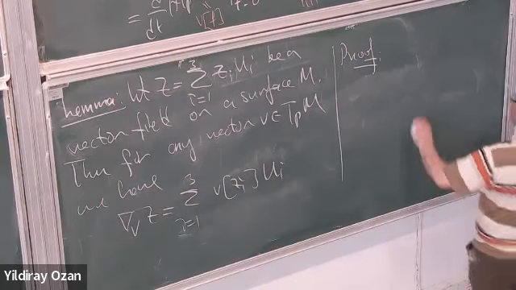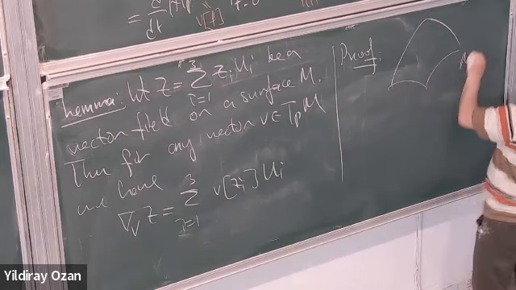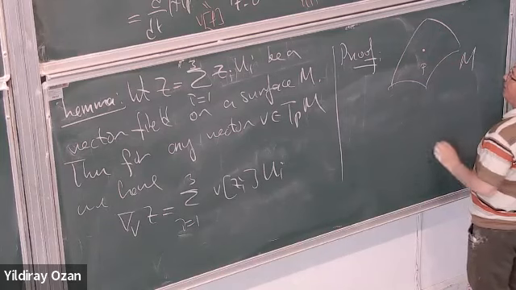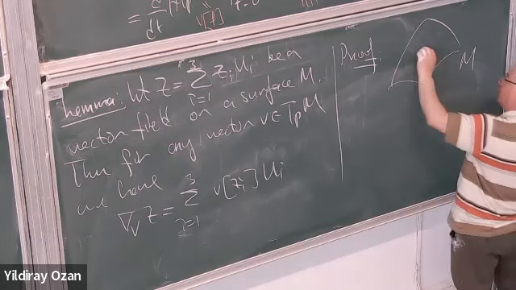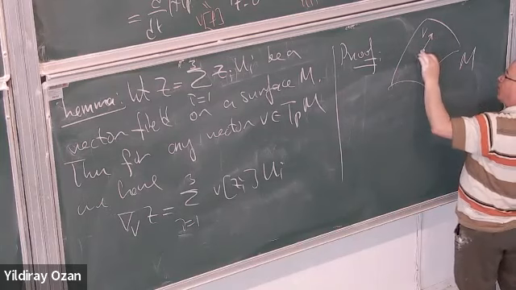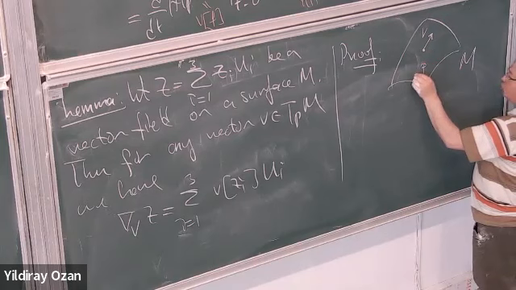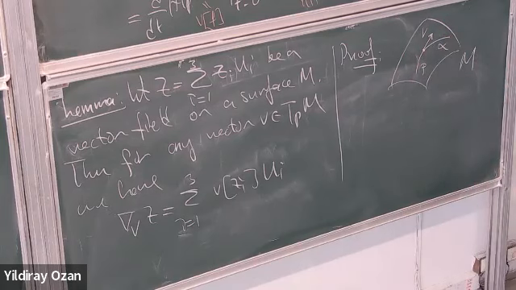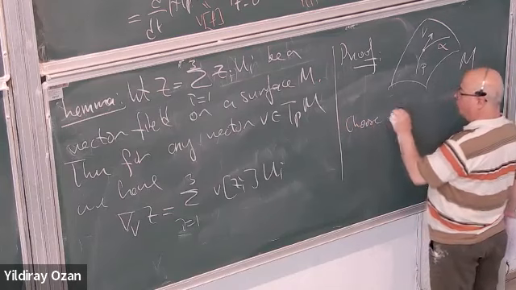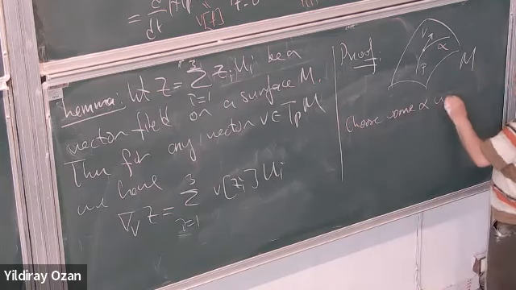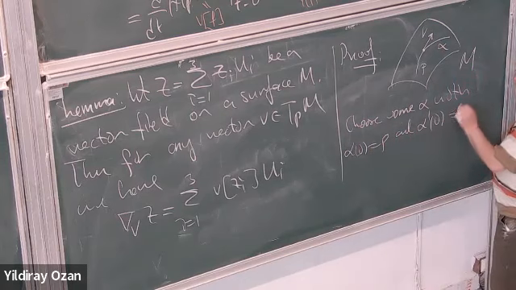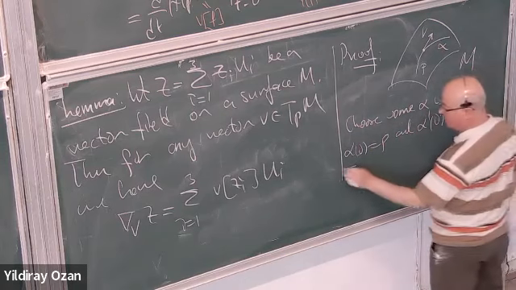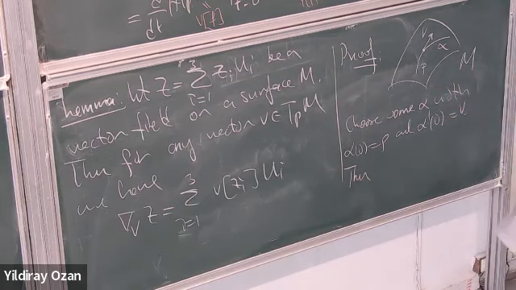Okay, so what is the definition? Well, suppose this is our surface M. I am at a point P, and I would like to take the covariant derivative of a given vector field along a vector V. By the definition, first I need to choose some path which passes through that point and has velocity vector V. So choose alpha with alpha(0) equals P and alpha'(0) equals V. Then what is this gadget?